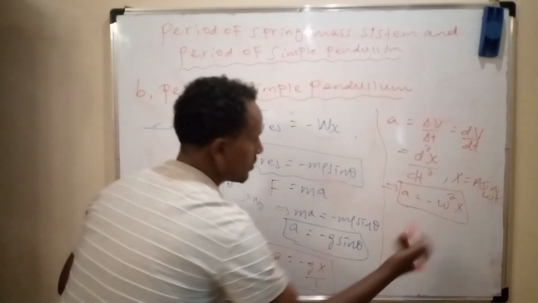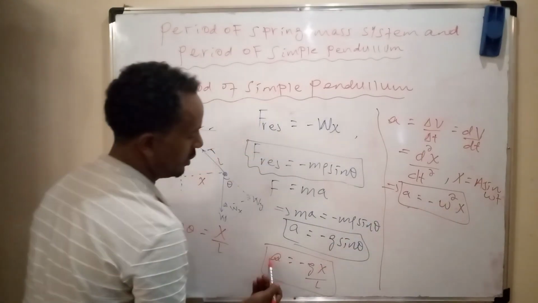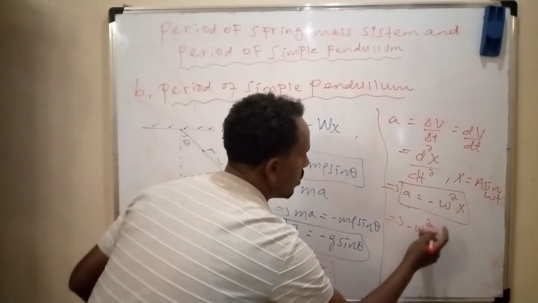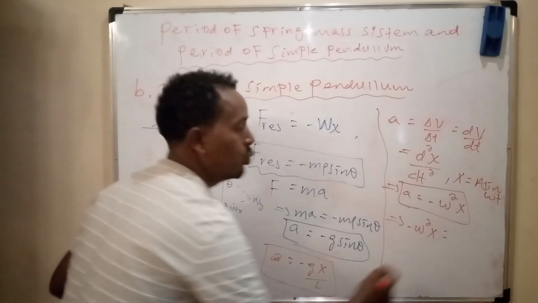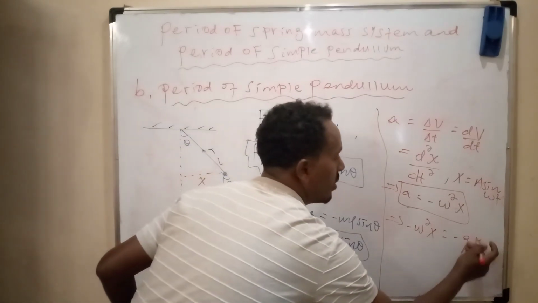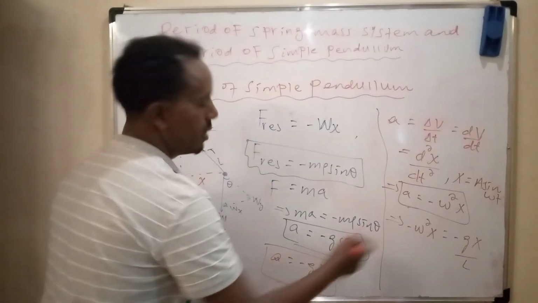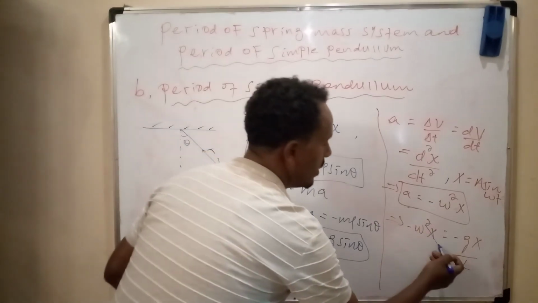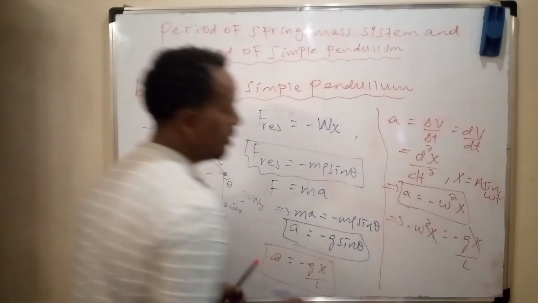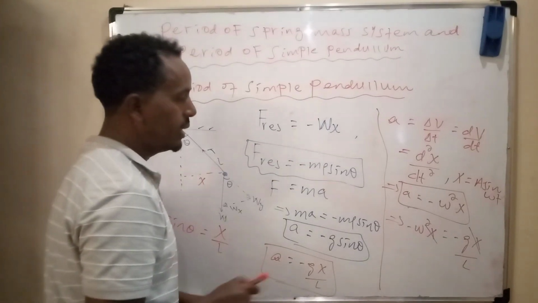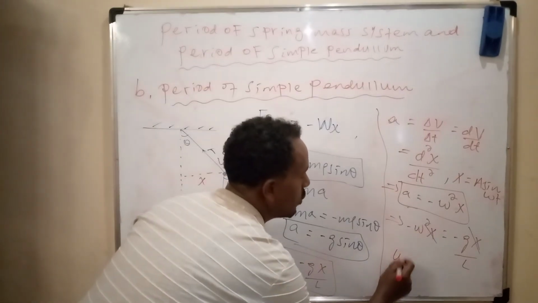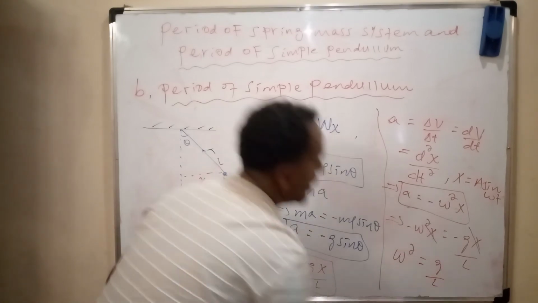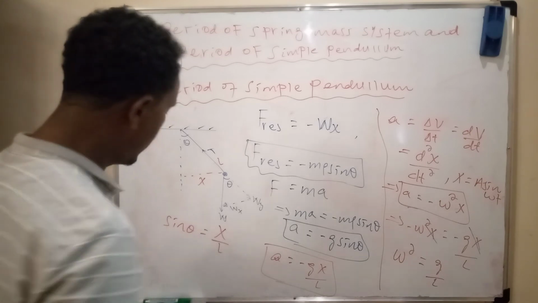Substituting, minus omega squared x is equal to minus g times x over L. From this, x is cancelled on both sides, the minus sign is also cancelled. Finally, omega squared is equal to g over L.